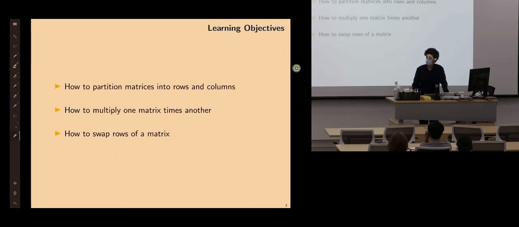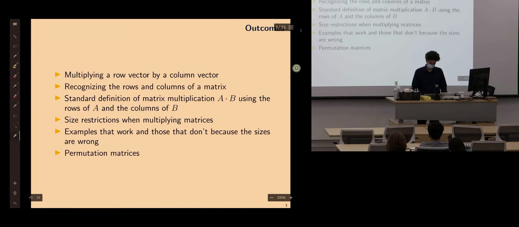So for that, we need to talk about partitioning matrices into rows and columns. That will help us to visualize the matrix multiplication operation when we see two matrices. So by the end of this lecture, you should be able to multiply a row vector by a column vector.